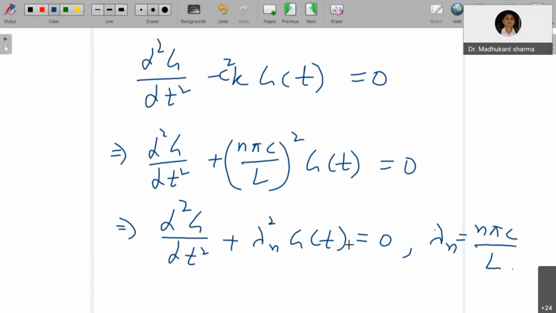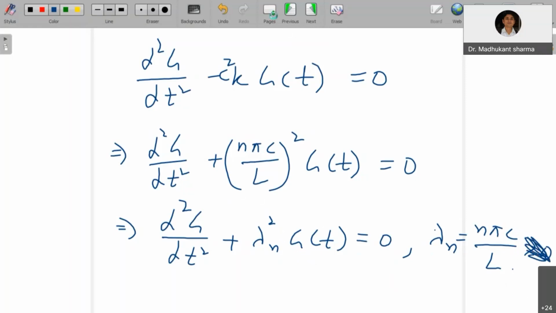Now again you will use a similar method to solve this. Now this is all fixed, so you don't need to discuss three cases here. You have only one case here. Lambda n may be positive, may not be positive, because it depends on c. c square is positive, right?